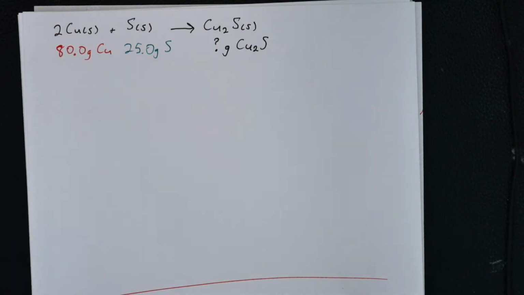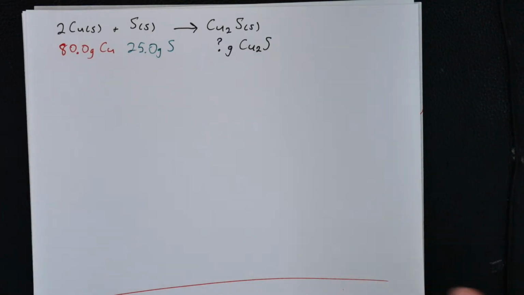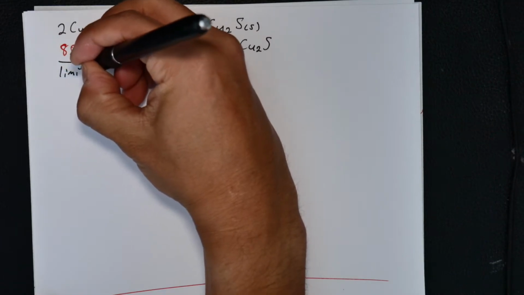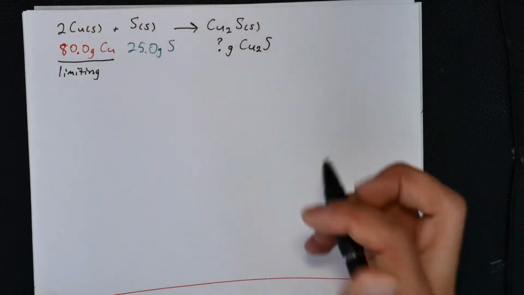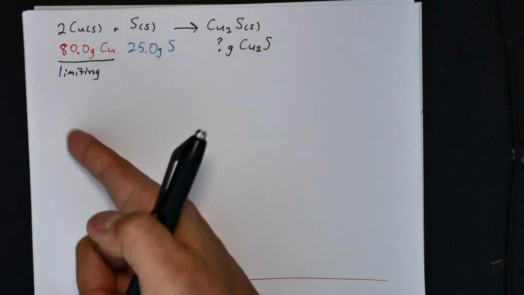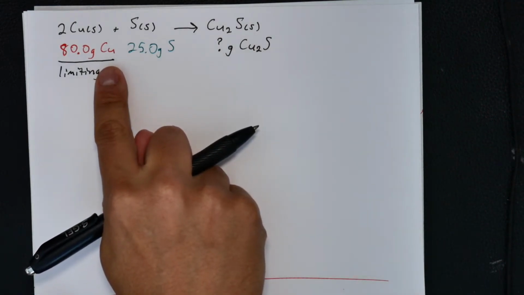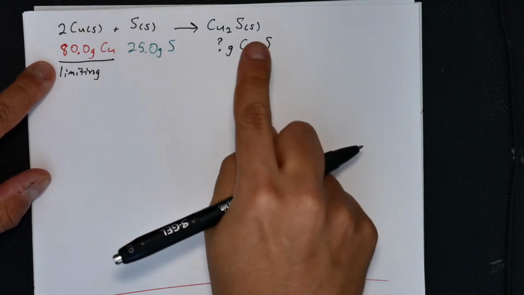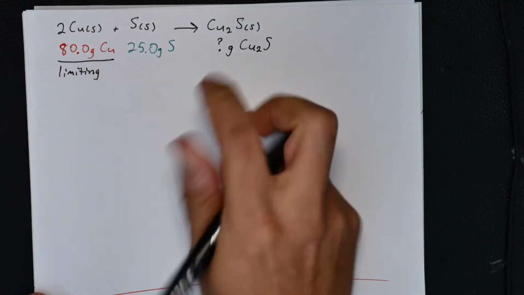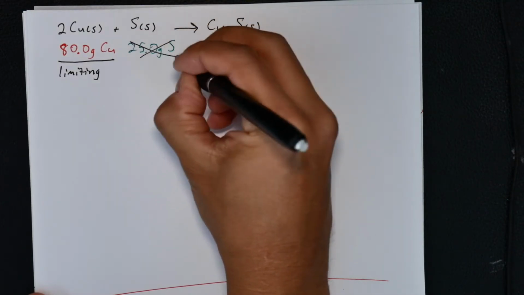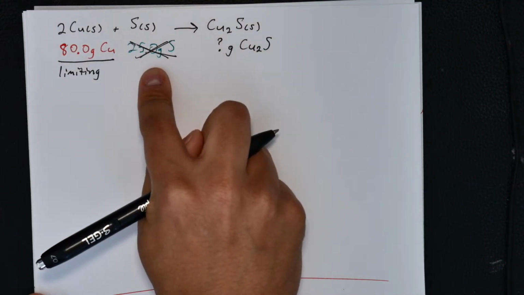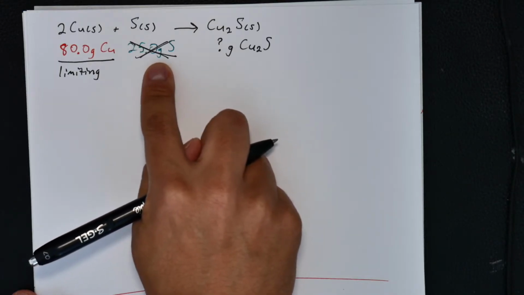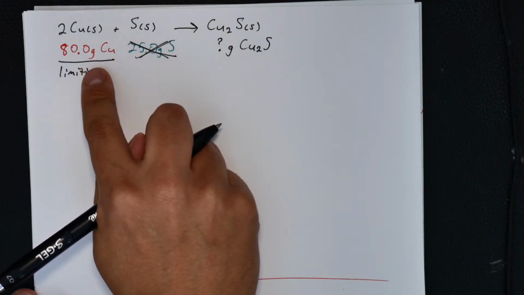Fortunately, we found that out in the previous problem. We know that this is our limiting reactant. So going forward, we're going to start with this number and go from grams of copper to grams of copper 1 sulfide. We're just going to ignore this number. It's completely irrelevant because it has no effect. This is the only one that matters because this is what's going to run out first.